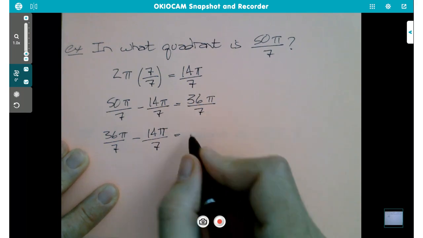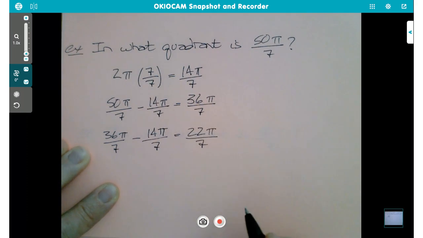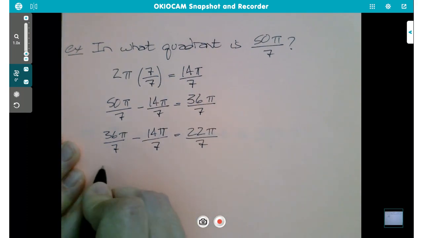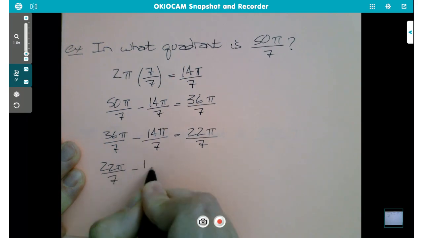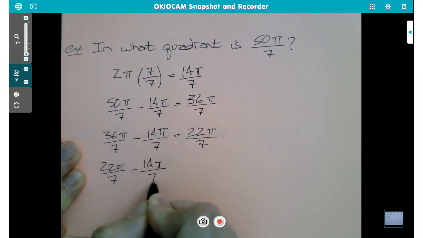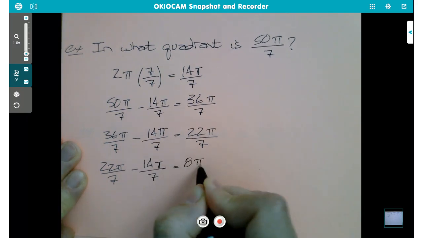And now we're down to 22 pi over 7. All right, that's still too much. I still don't know. So I'm going to do it again. I'm going to subtract another complete revolution, another 14 pi over 7, and get, oh, that's better, 8 pi over 7.